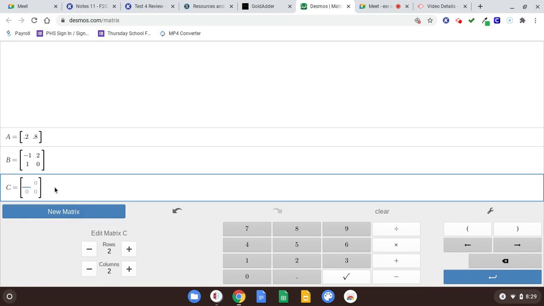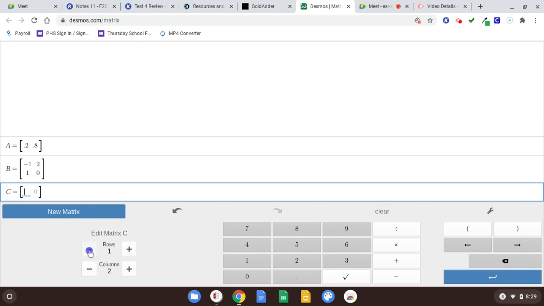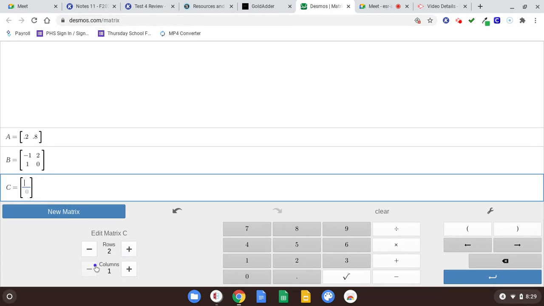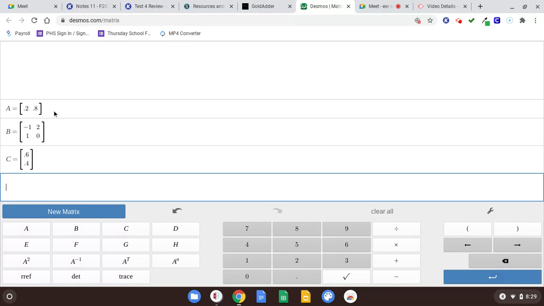Let's have a new matrix C, and that needs to be 2 rows, 1 column, and it was 0.6, 0.4, enter. Okay, so I've got the 3 matrices entered in. All I have to do on the command line is A times B times C. And notice it just automatically does it over here. That's 0.52.